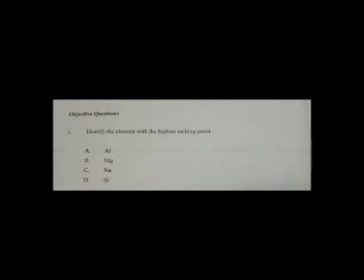Identify the element with the highest melting point, and the correct answer is silicon compared to aluminium, magnesium and sodium. This is because silicon is a metalloid with a giant covalent structure and has a very high melting point and boiling point, because all the silicon atoms are held together by strong covalent bonds which need a very large amount of energy to be broken.